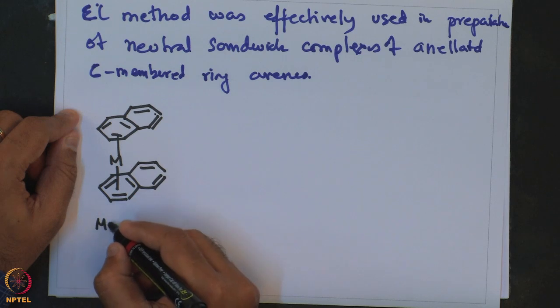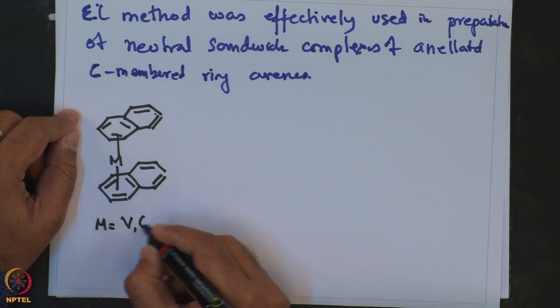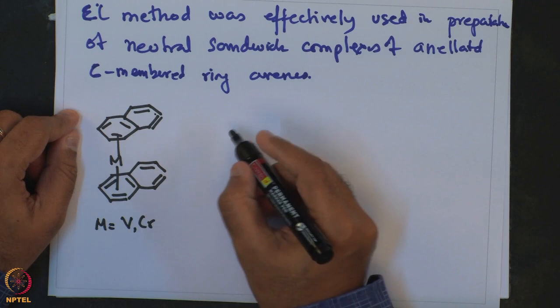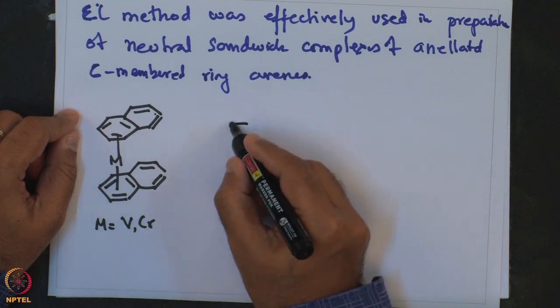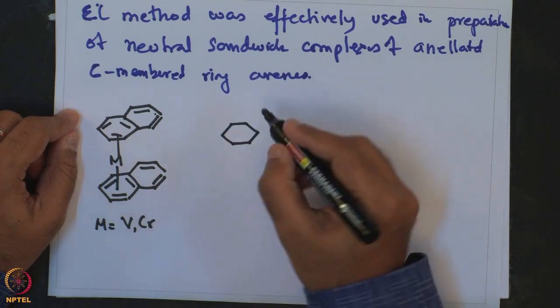So, M equals vanadium, chromium. One can even extend it further through 3 rings.